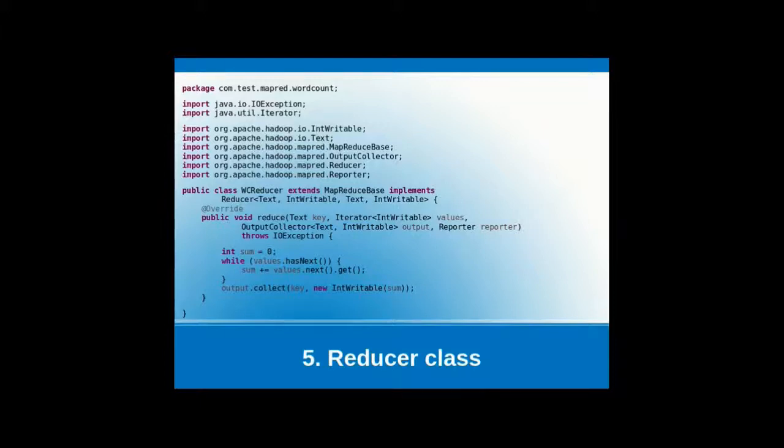In this example, the word is the Text and the count of occurrences of that word in the input is the int. The reduce method will take the Text and the list of occurrence values as input, and it will create the aggregated values as the output k3 v3 of type Text and IntWritable in a file format.